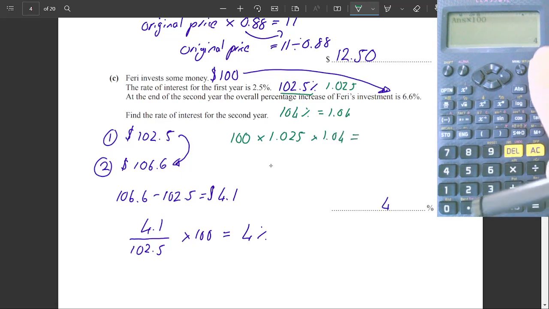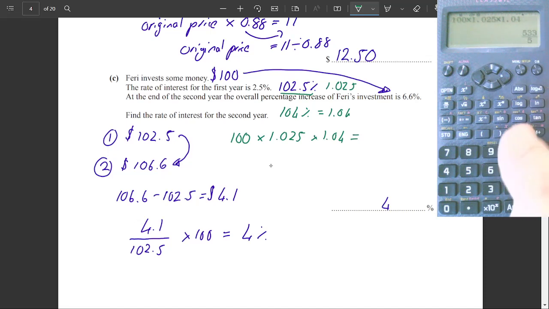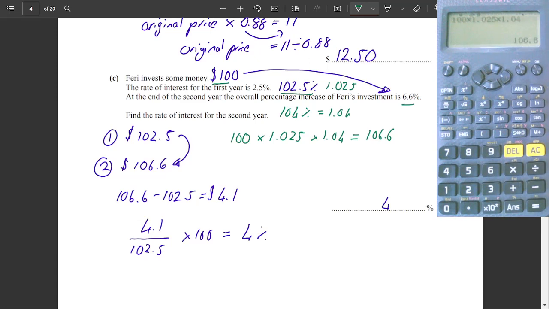So we do 100 times 1.025 times 1.04, bam, we end up with $106.6, which if it was a $100 investment would be a 6.6% increase. And we know we got it right.